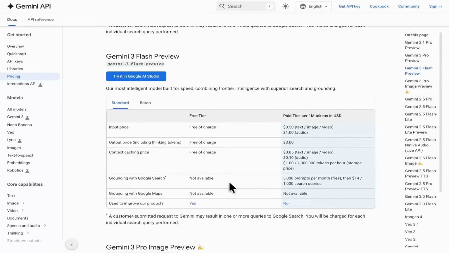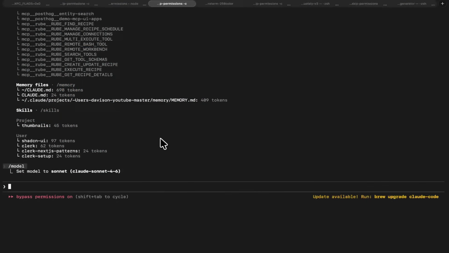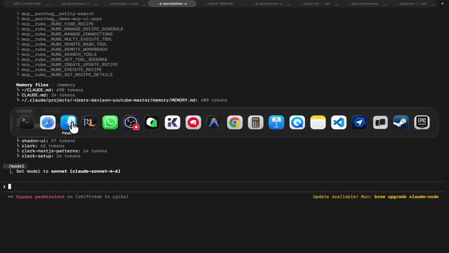At that moment I knew for a fact they had dumbed down the model again. The best thing you can do for your businesses and yourselves for coding purposes is to use the latest Sonnet 4.6 model. I'm going to leave the video there, guys.